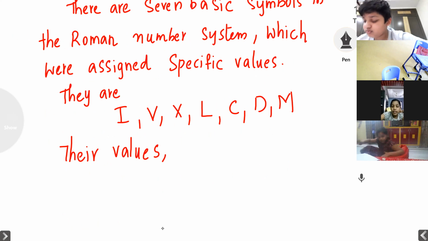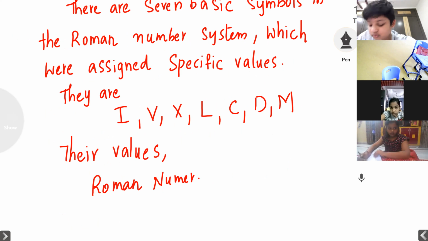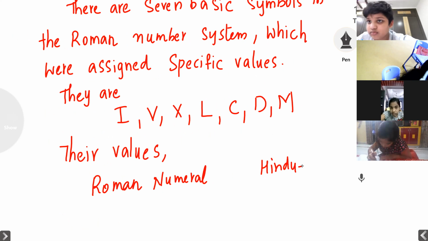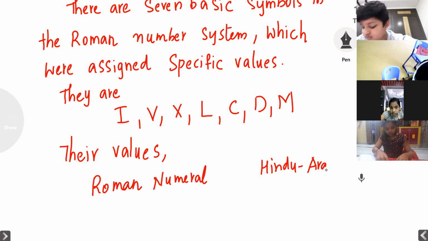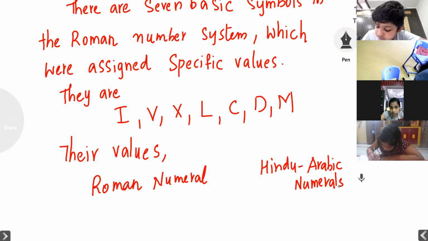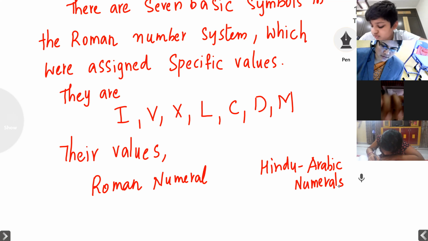After that, headings again. Roman numeral. Leave 1 to 2 boxes gap and write Hindu-Arabic numerals. Numeral means what, children? Symbol of numbers.